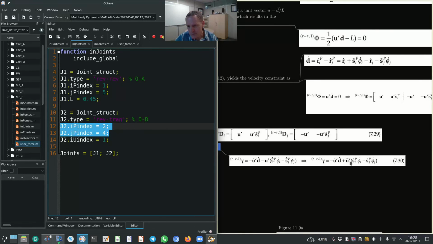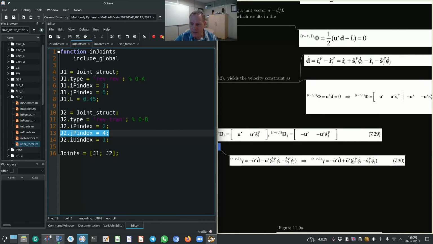Okay, u rotated transpose, that's known because we've specified the unit vector on body I, no problem there. s_P^I dot, phi I dot, s_P^J dot and phi J dot, with points P on body I and P on body J known and defined.